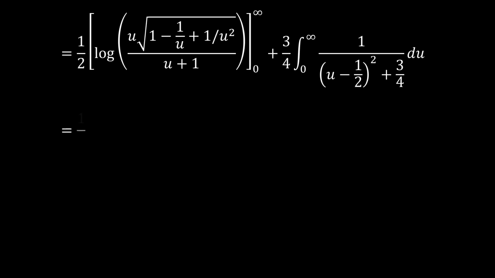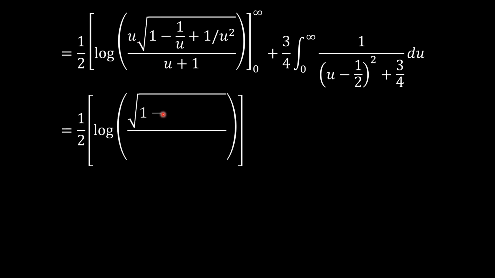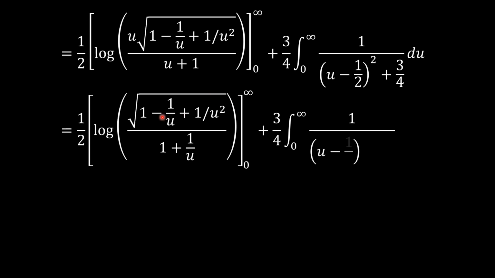Going on, what we have, divide numerator by u and denominator by u, so we have 1 minus u plus 1 over u squared over 1 plus u. When u tends to infinity, obviously this tends to 1 and the natural log tends to 0.